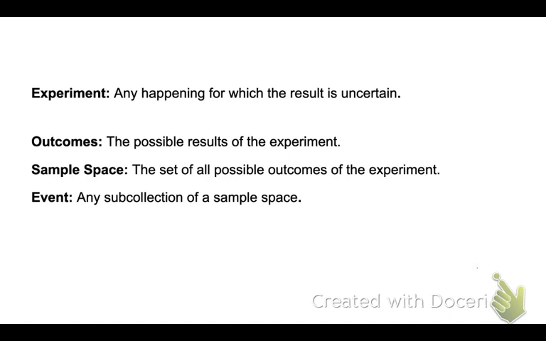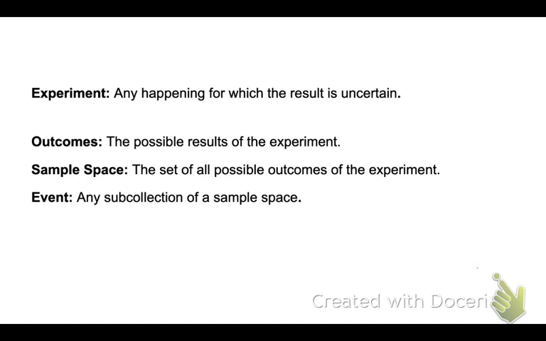Okay, outcome is what happens during that experiment. So my experiment is recording what time you arrive in my classroom. The outcome is what time you actually did arrive. The sample space is the set of all possible outcomes. So anywhere from between 7:45 and 8:10, if I do 5 minutes or 1 minute, that's the sample space.